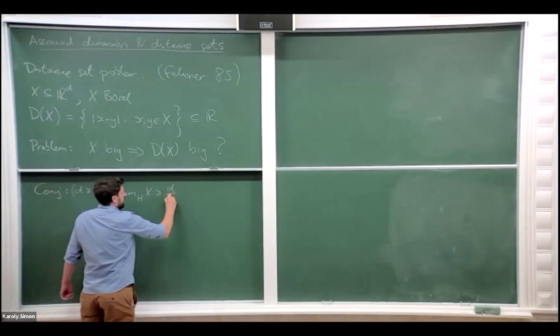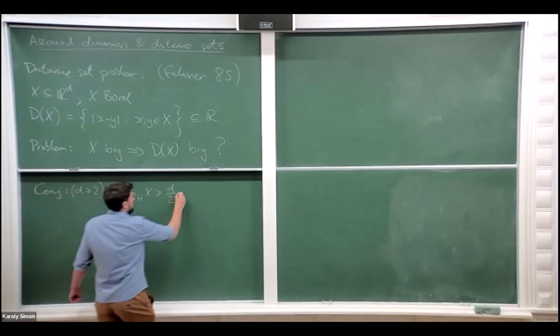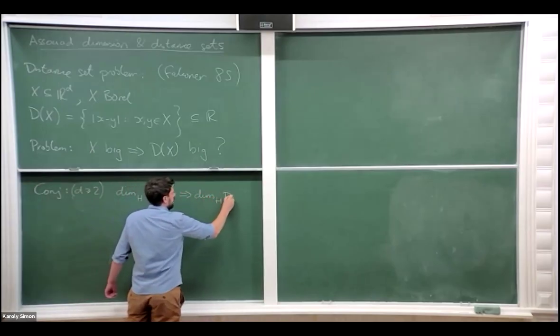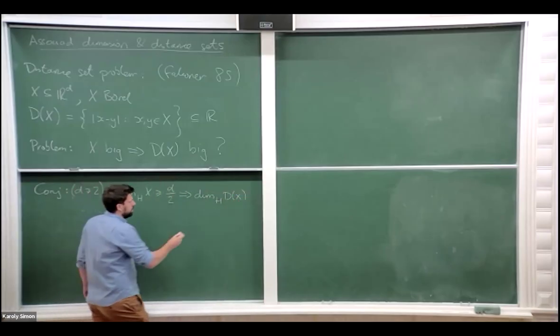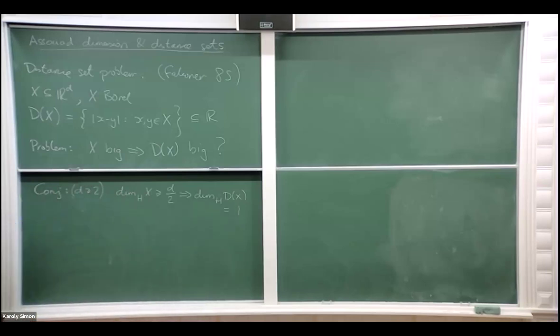Big means half of the ambient spatial dimension. So if the Hausdorff dimension is at least d over 2, then this should imply that the distance set is big. What does big mean? Well, as big as it could possibly be, which means the Hausdorff dimension is 1.